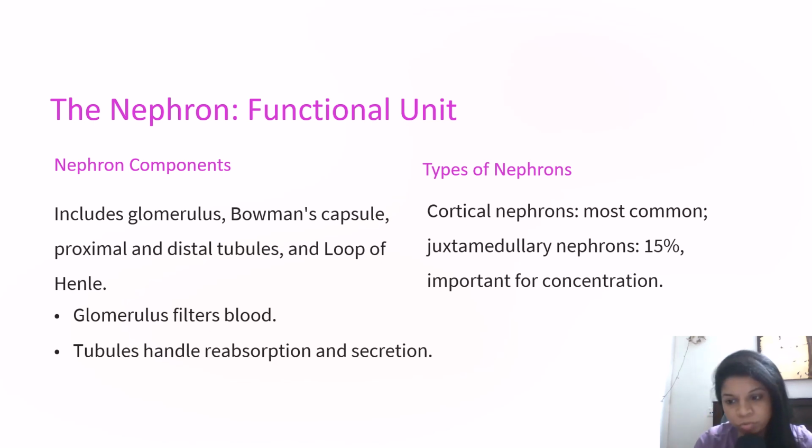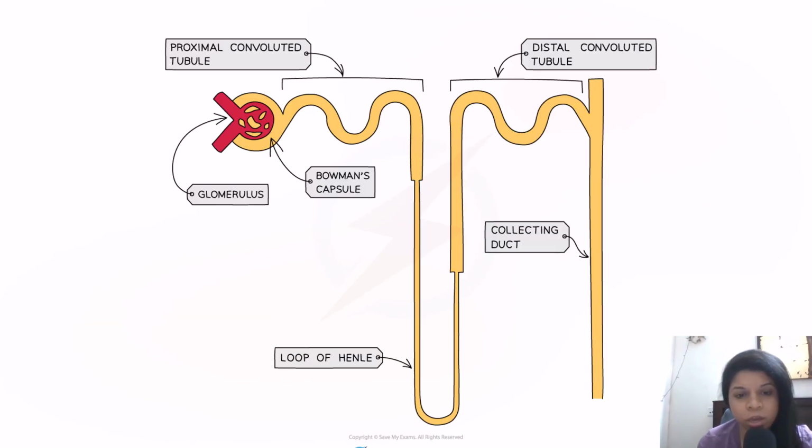There are two types of nephrons in our body: cortical nephrons, which are most common, and the juxtamedullary nephrons that constitute 15% of the nephrons. The juxtamedullary nephrons are more important for concentration because they are long, and their tubules mainly handle reabsorption and secretion.